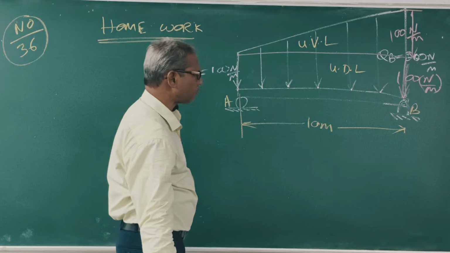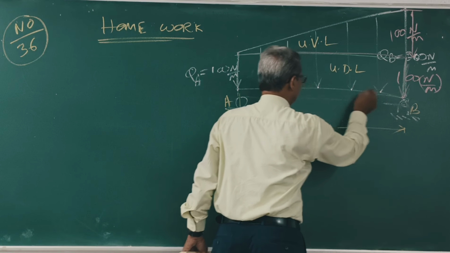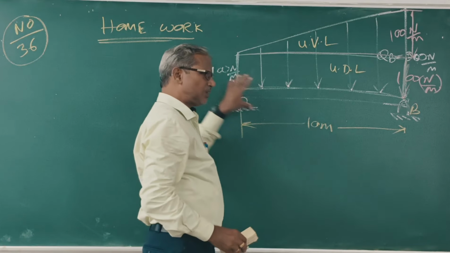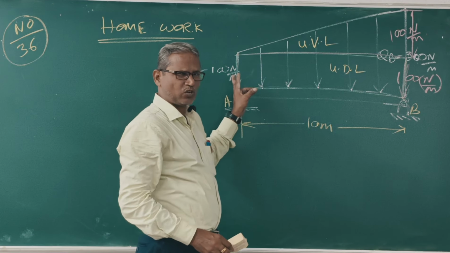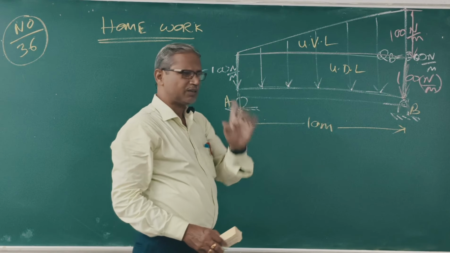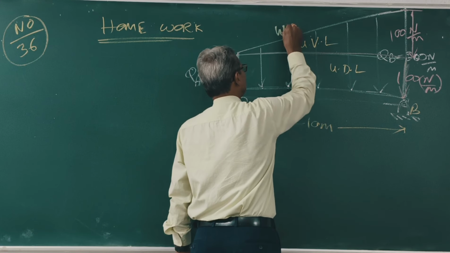Now, this is UDL. The total length is 10 meter. The UDL is 100 Newton per meter. So what is total load? W into L. Suppose this is W1. What is W1?